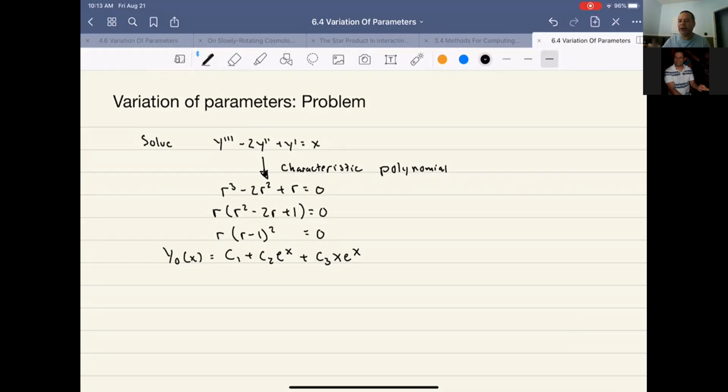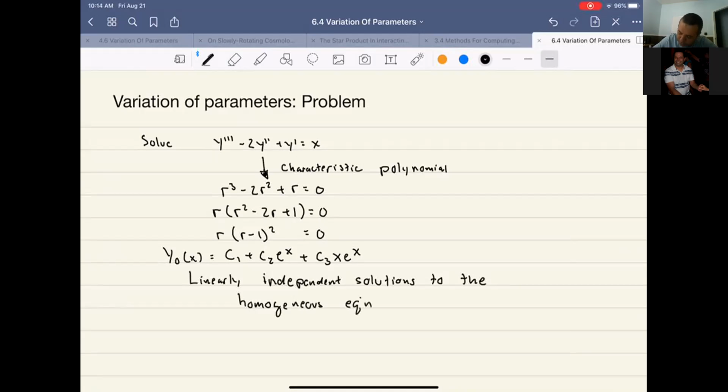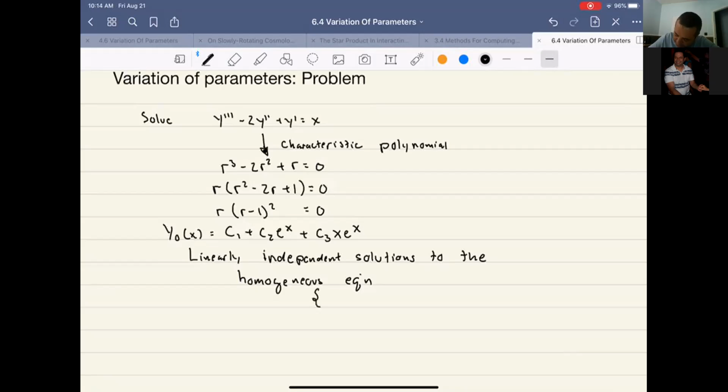Okay, so let's write our set of solutions. So these are our linearly independent solutions to the homogeneous equation. We have 1.